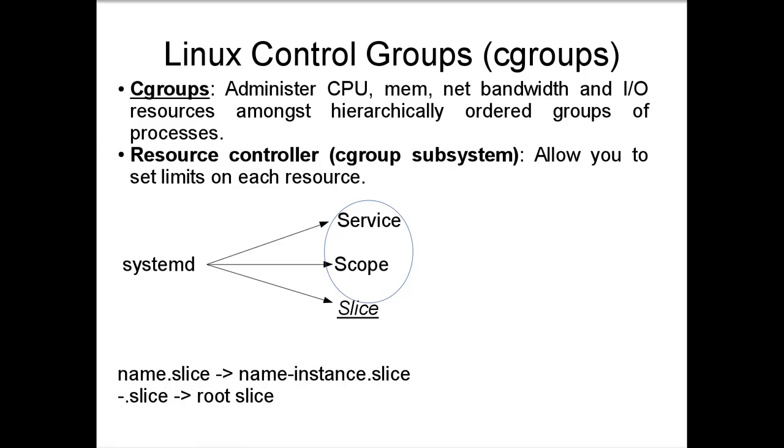So essentially, a cgroup is a way to administer a number of resources and set resource limits to them by using certain resource controllers, or cgroup subsystems as they are called. So you can administer CPU, memory, network bandwidth, and block I/O resources amongst a hierarchy of processes.